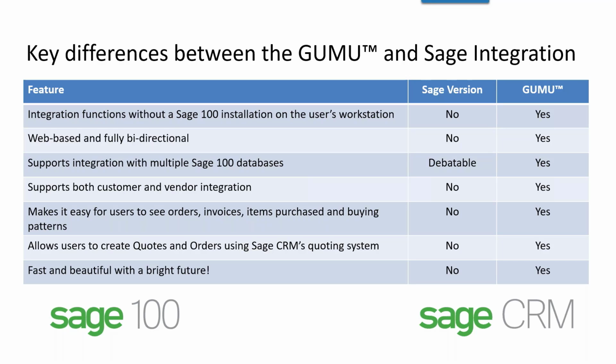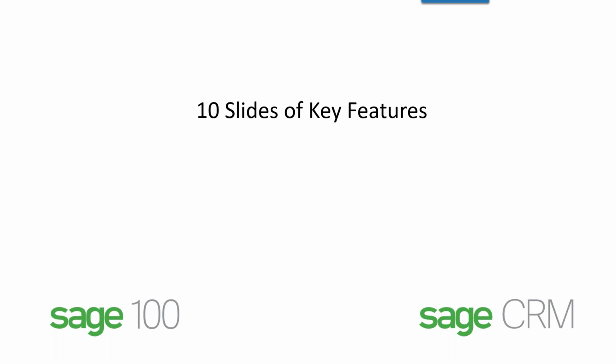And of course here, the GUMU is fast and beautiful with a very bright future. I can't emphasize enough the ongoing work and development that goes into the GUMU to make it better and faster and more feature rich all the time. When Sage released their integration, I don't know if it was 10 or 12 years ago, it was pretty much, it is what it is, but not so with this progressive integration.